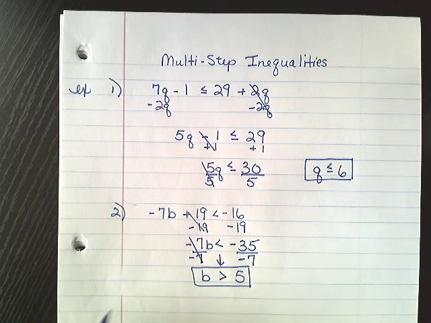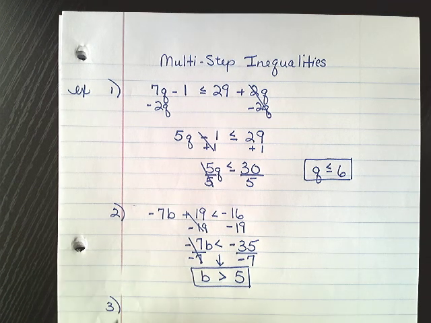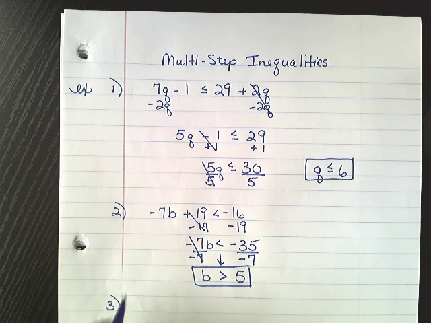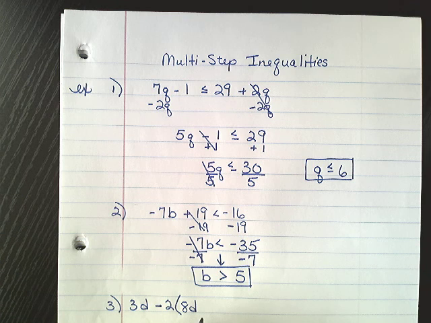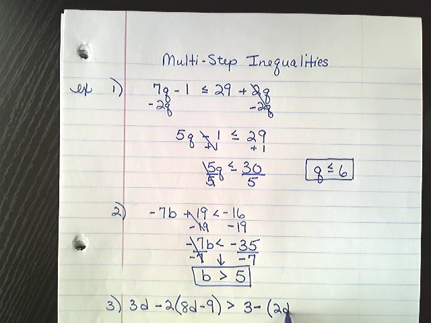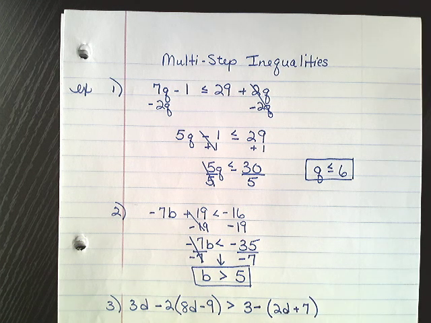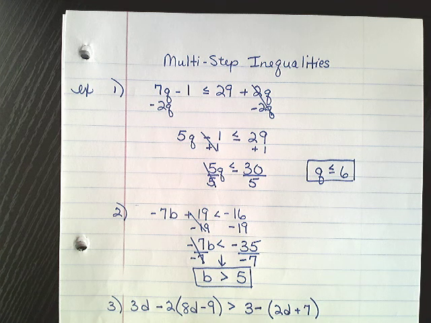All right, you're also going to have problems that involve the distributive property. So 3d minus 2 times 8d minus 9 is greater than 3 minus 2d plus 7. First thing I'm going to do is distribute. I'm going to keep my 3d.